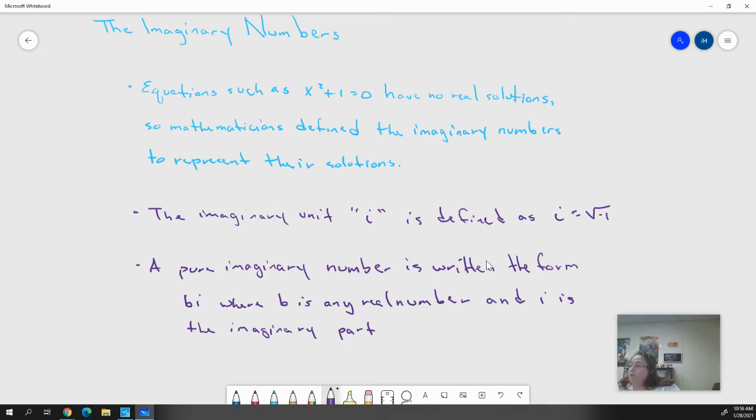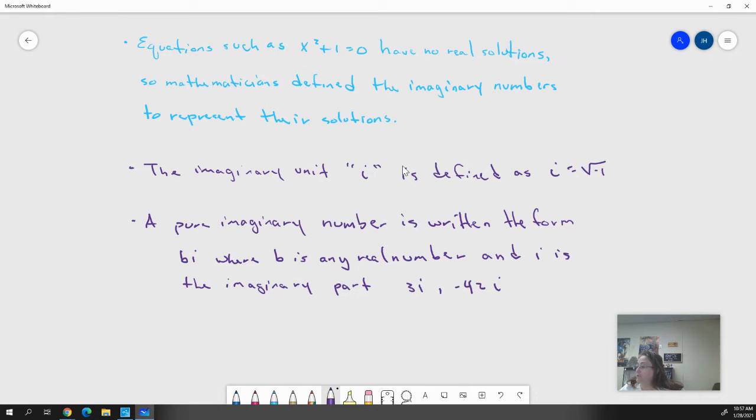Right, so you'll see them all the time as things like 3i or -42i, right? Where the real number clearly is the number that you see, and i would be the imaginary part.